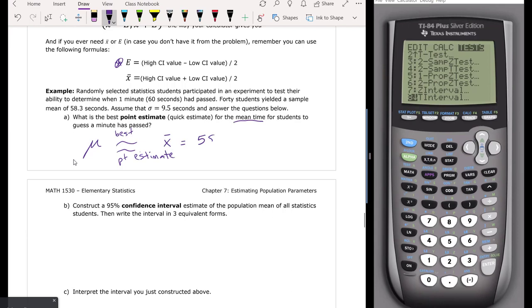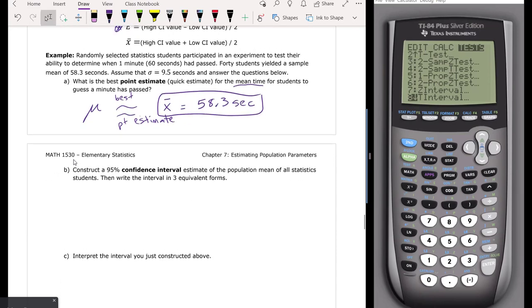So on average, it took them a little bit more than 58 seconds to guess a minute had passed. Now, on the next part, it says to construct a 95% confidence interval estimate of the population mean of all statistics students.